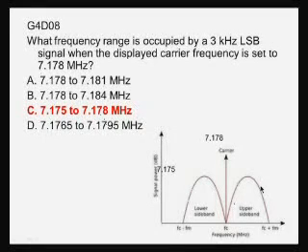Here's what that looks like graphically. It looks like they shifted a little bit in the translation, but not bad. So our carrier's at 7.178 right here, lower sideband. We're going to be going down here to 7.175. Okay, 7.178 carrier, lower sideband to 7.175.